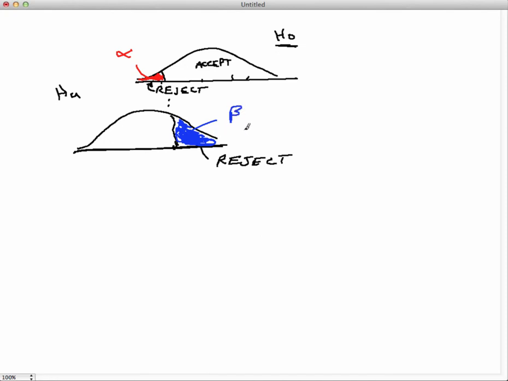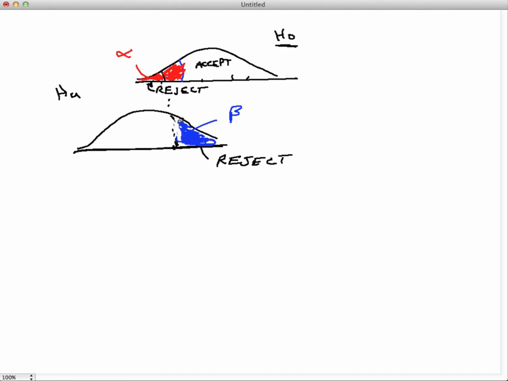All right, now why did I want to do this drawing here? Because what I want to show you is the relationship between alpha and beta. Notice that if I move this line this way, and I move alpha over to here, in other words, if I make alpha bigger, if I shade a bigger region for alpha, notice what that does to beta. It comes over here and it shrinks beta, doesn't it?